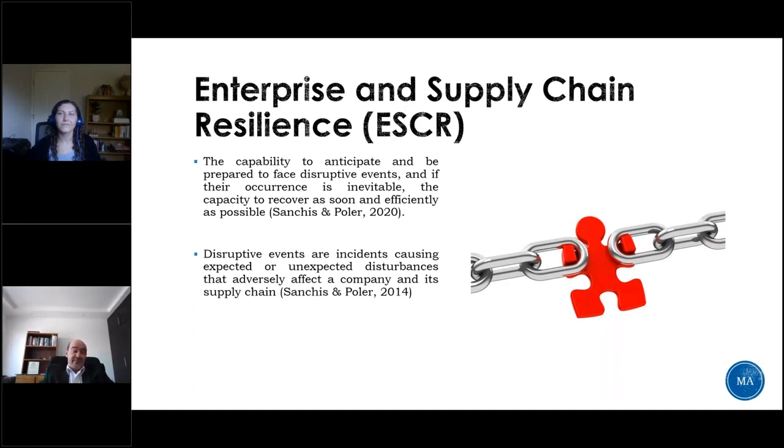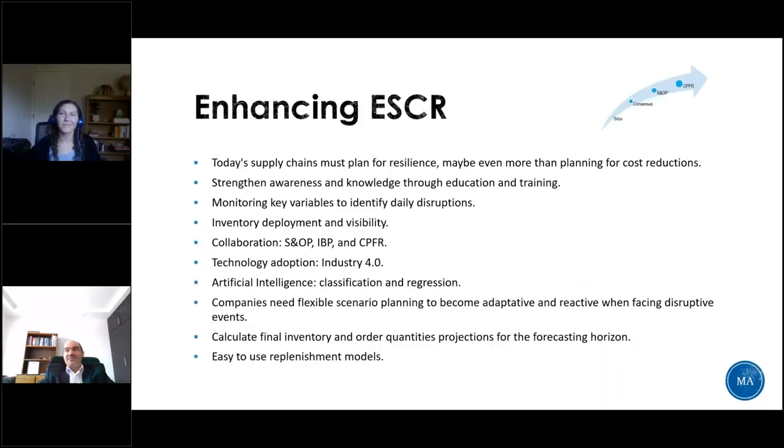Disruptive events are incidents causing expected or unexpected disturbances that adversely affect a company and its supply chain. Disruptive events are very common nowadays, and that is basically why we're doing this research. But enhancing enterprise and supply chain resilience is the key.